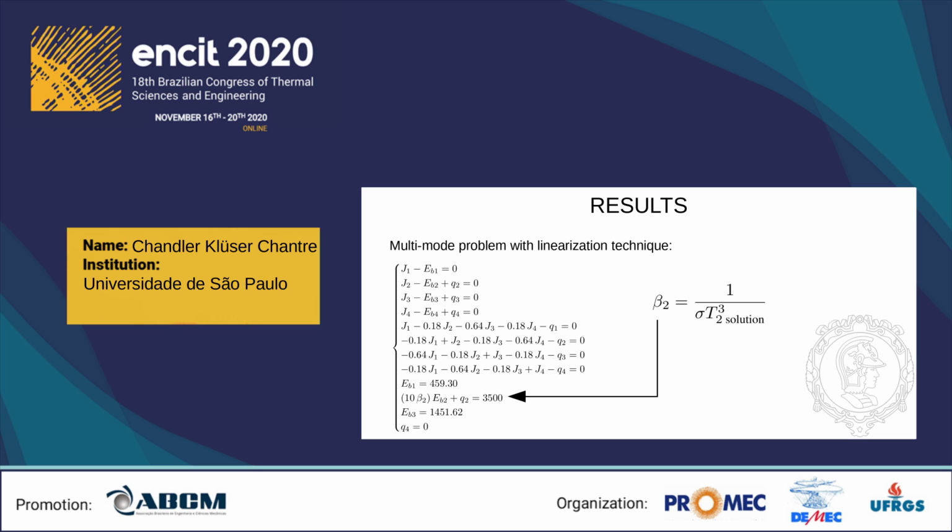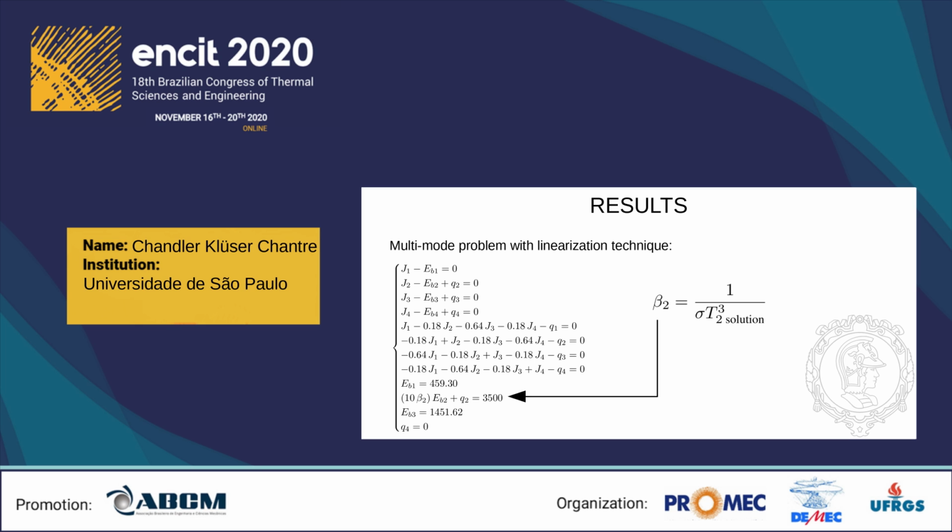Since the entire linear system is proportional to the fourth power of the temperatures and the convection is proportional to the first power, the linearization technique will have to be applied. A beta factor was created to linearize the convection load and make it proportional to the fourth power of the temperature of the second radiant surface.